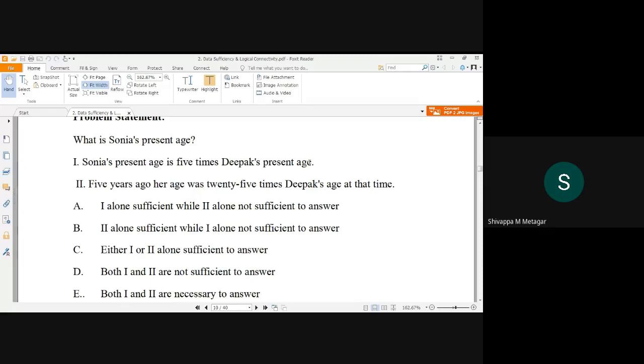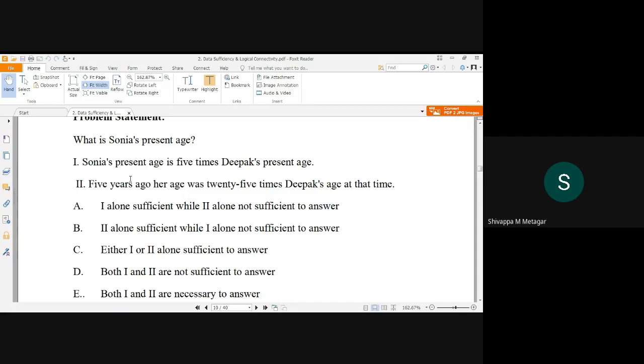Second statement: 5 years ago her age was 25 times Deepak's age at that time. Just find the answer for this one, and after finding the solution, put your correct answer in the chat box.